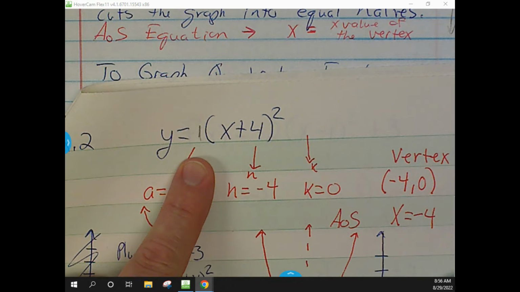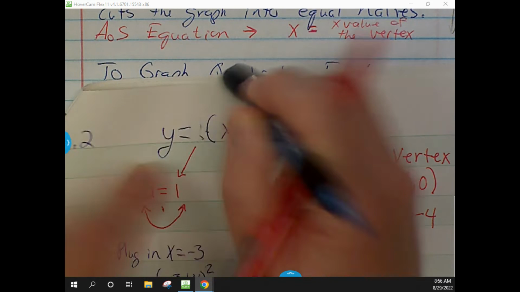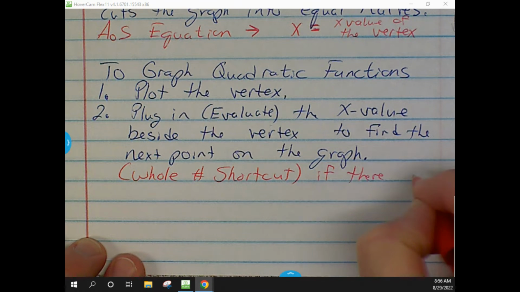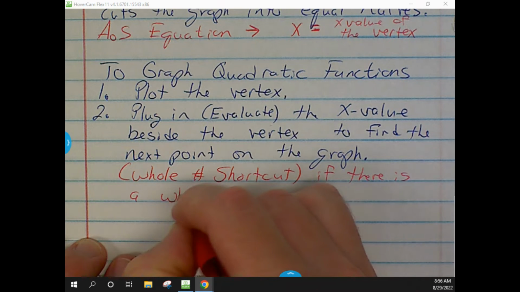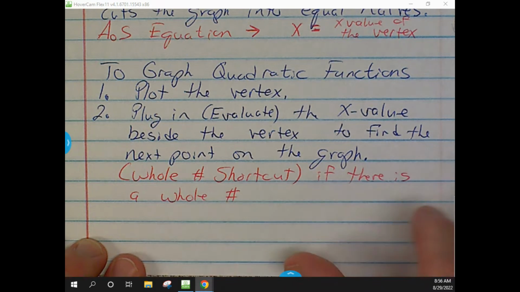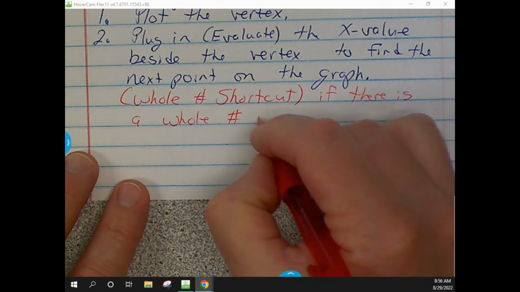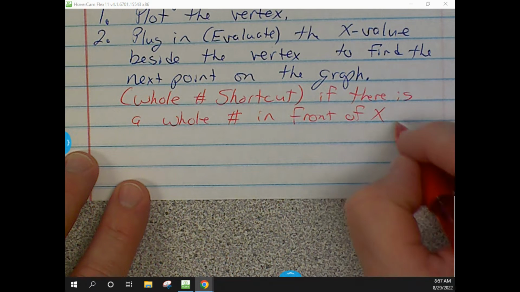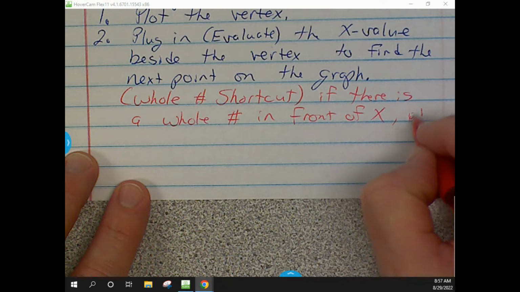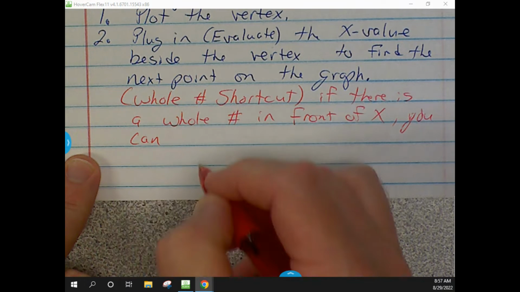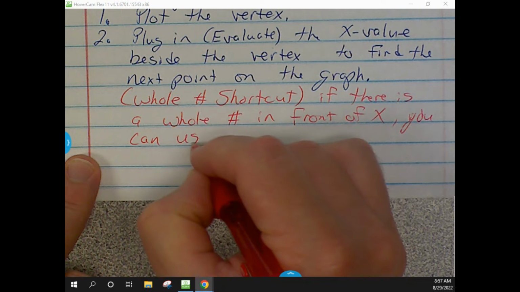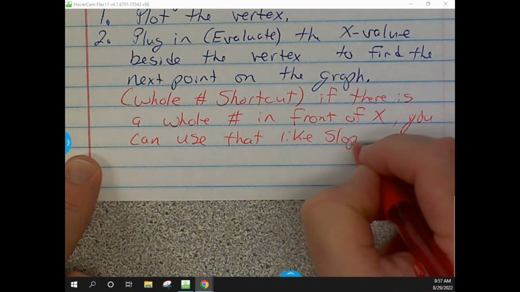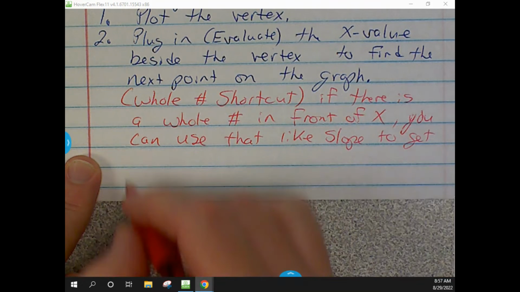Same thing with these problems here, that if there's a whole number in front of X, you can use that, kind of like slope, to get to the next point.